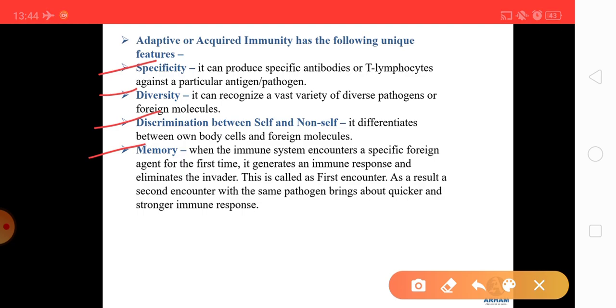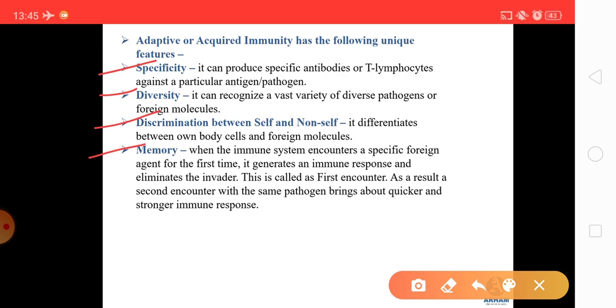The immune system will fight against that virus or pathogen, and it will keep a memory of that encounter. So this is the first encounter. Your body has developed an immune response, or antibodies, against that virus that entered your body for the first time.